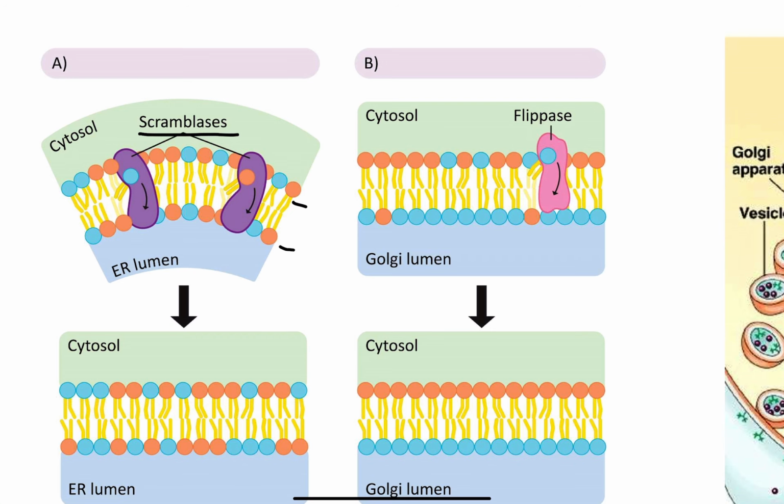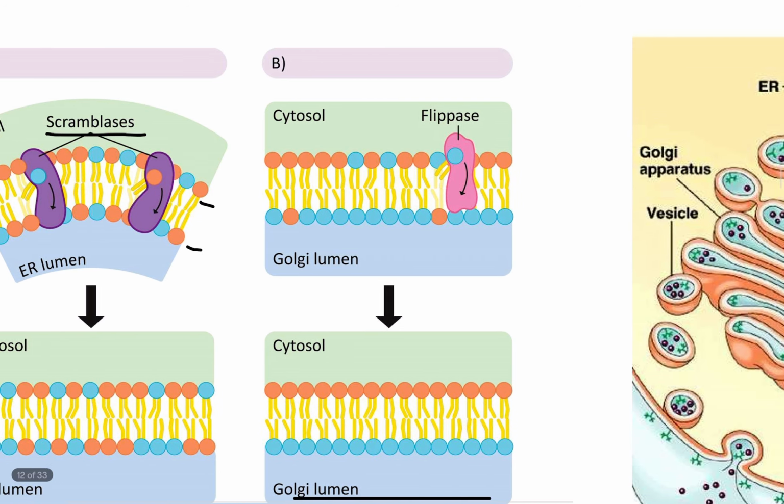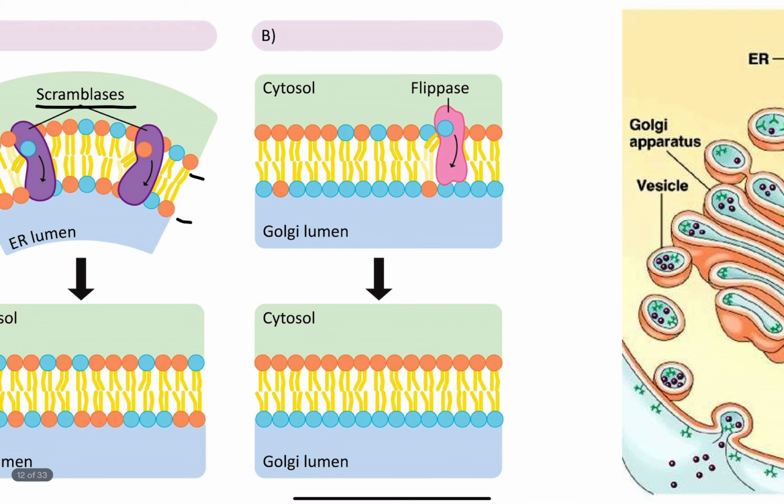Then in figure B, we have another enzyme called flippase, and it's in the Golgi apparatus. Flippase is going to selectively transport specific lipids to the cytosolic leaflet, and that's going to reinforce the membrane's asymmetric nature.